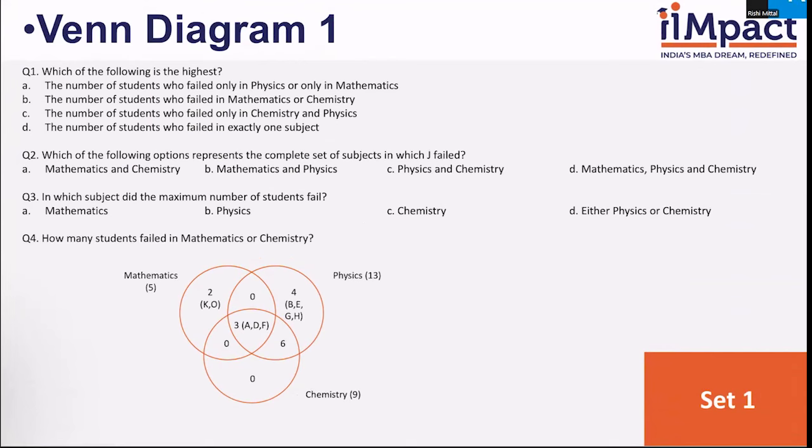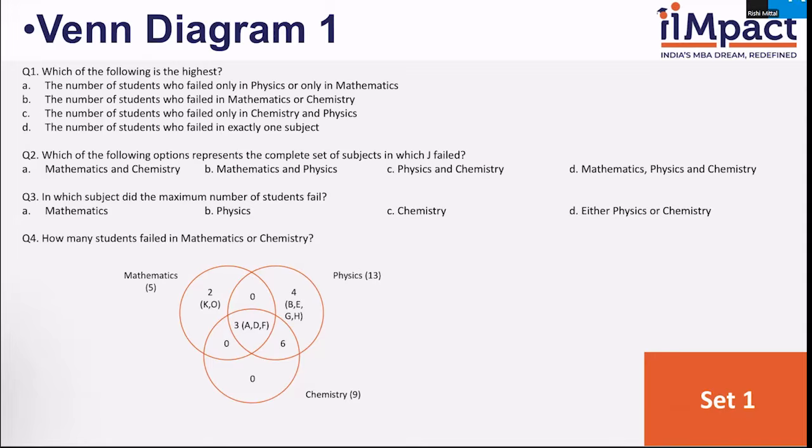Question number 1. Which of the following is the highest? Number of students who failed only in physics or only in mathematics, which is 6. Okay. Number of students who failed in maths or chemistry. So if they failed in maths or chemistry, that means they've only passed in physics, right?